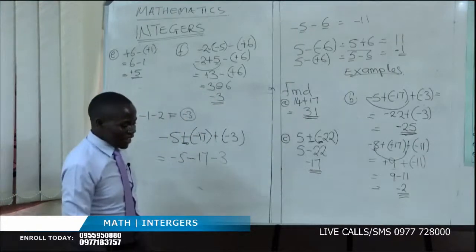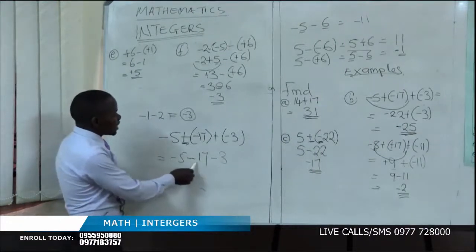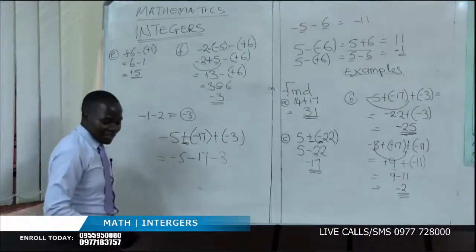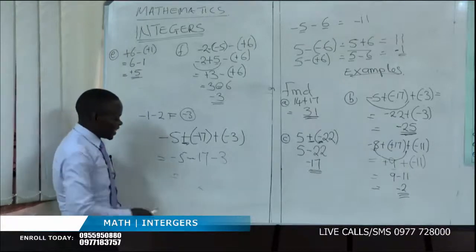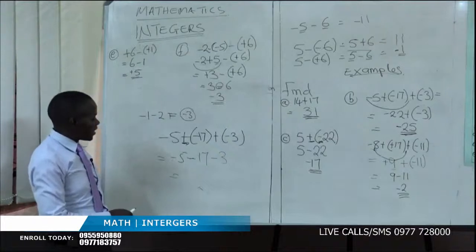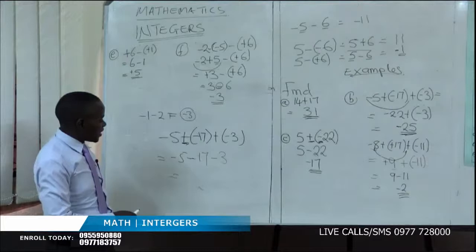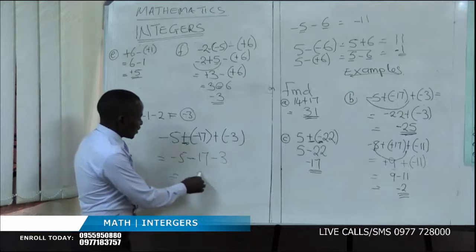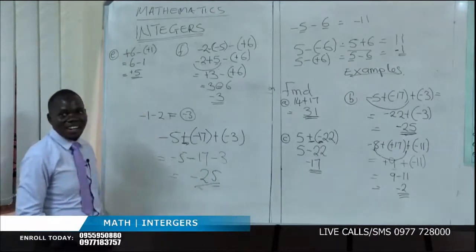Where it says minus 5, minus 17, minus 3, what is the answer? Minus 5, minus 17, which means you go to 22. Minus 22, minus 3, that is minus 25. Very good. Am I wrong? Okay, you are very much correct, sir.